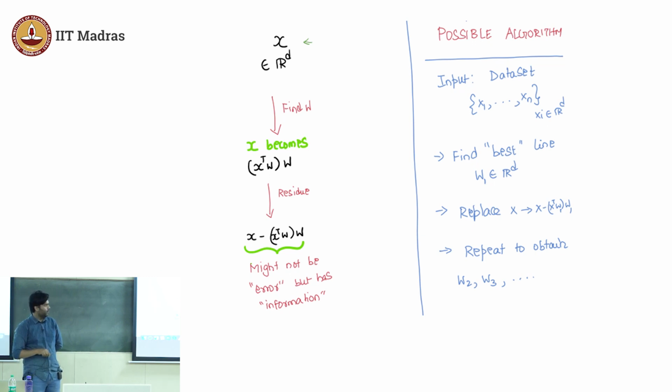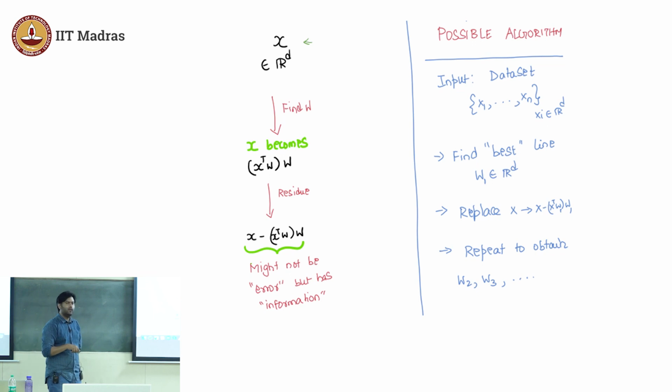So far we agree. Now, we compute the blue bits, which are just the residue, which is you remove this component from x, right. So, what remains is x minus x transpose w into w. What we are positing is that this also has information. This is not just noise that you can throw away, which means you can potentially come up with a simple algorithm which can do the following, right.